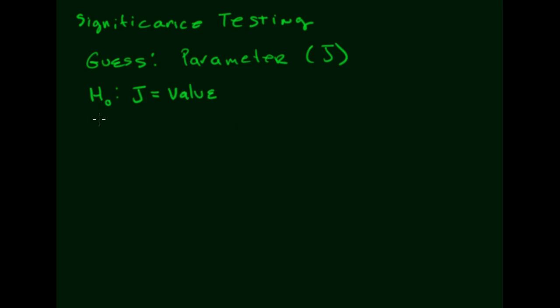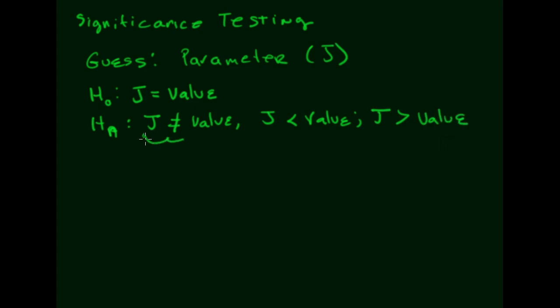And the second thing is you're going to make a counter guess that either J isn't that value, J is less than that value, or J is more than that value.